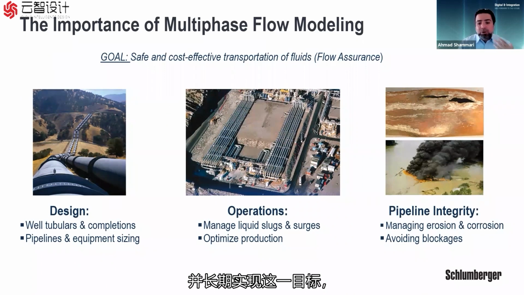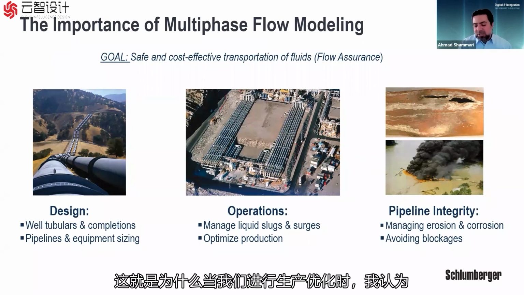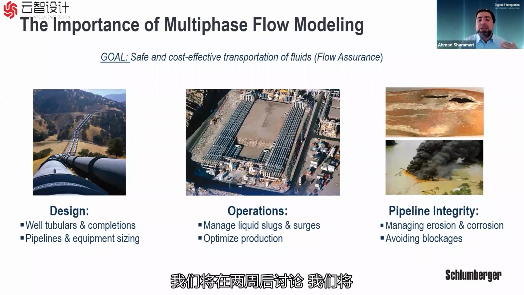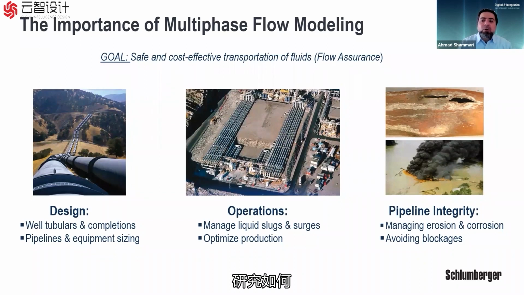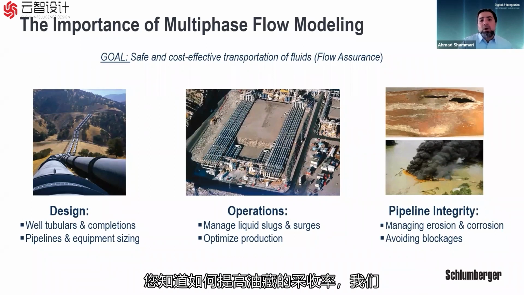That's what we are going to talk about in 2 weeks from now, where we are going to look into how we can optimize production, maximize production at the lowest cost, and increase our recovery from the reservoir.